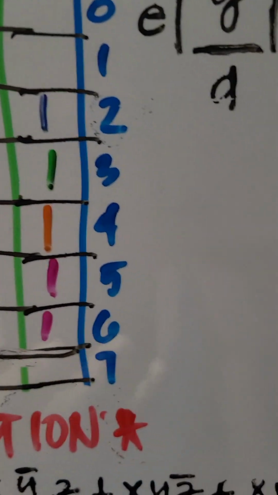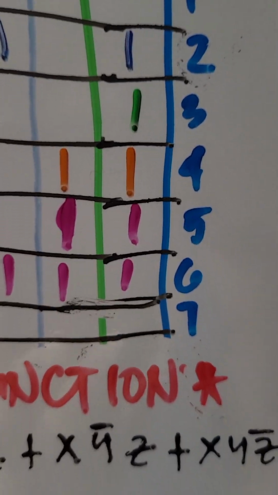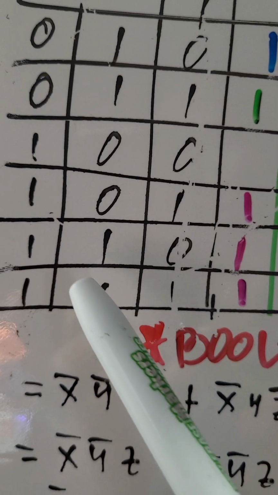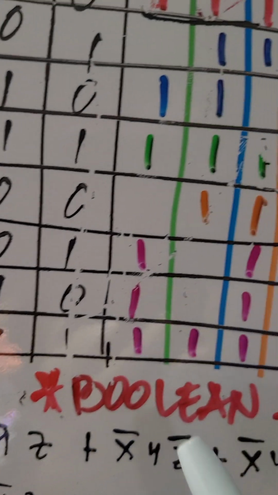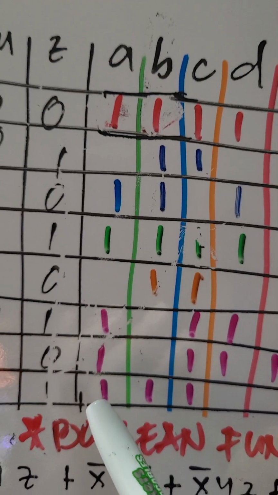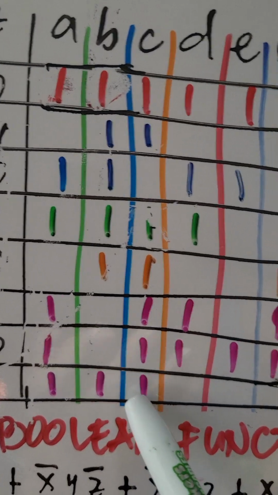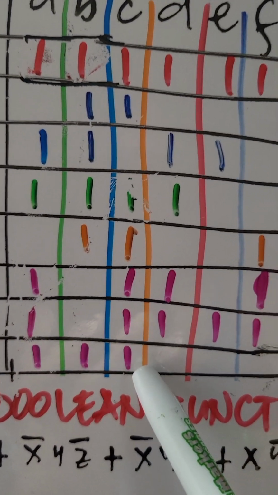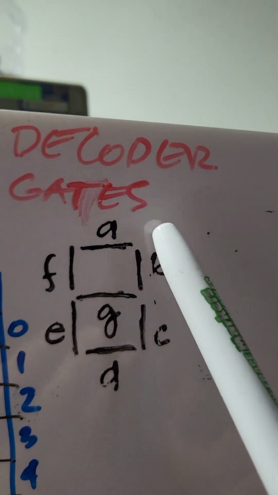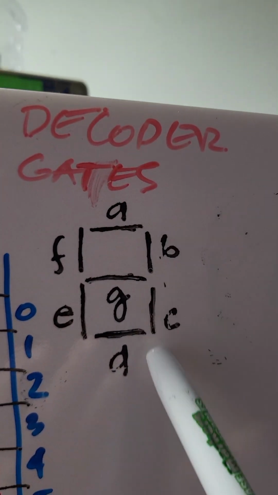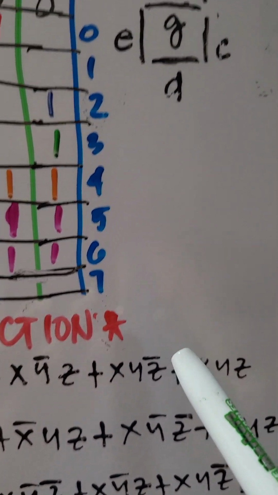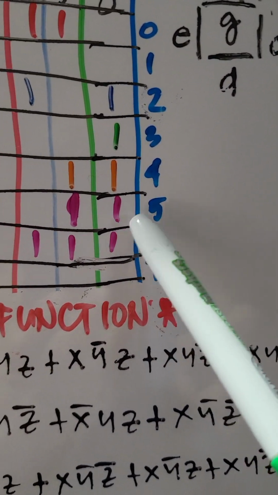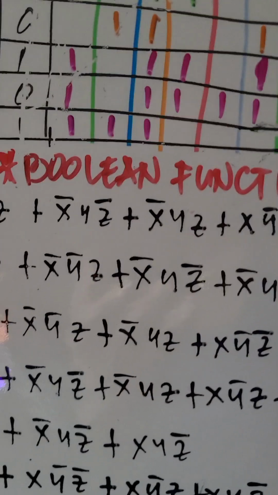Then the last is 7, 1, 1, 1. So A 1, B 1, C 1. And that's it. So A, B, C, 7. So that's the last counting.